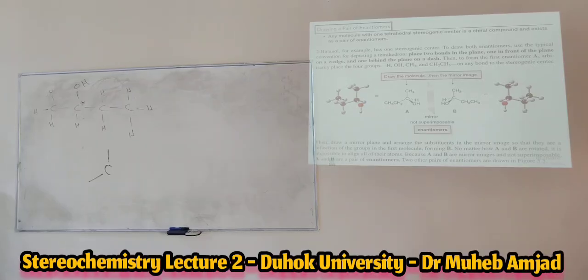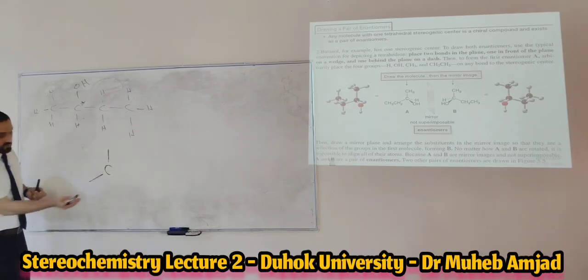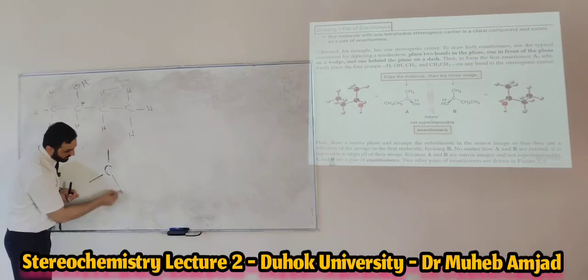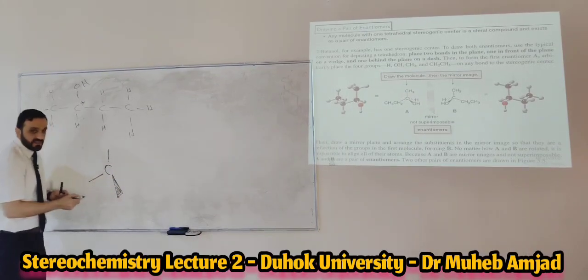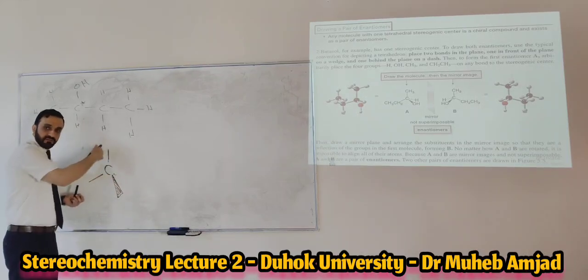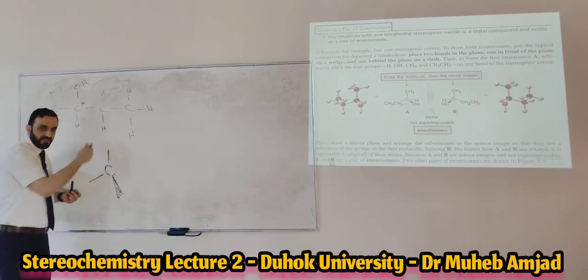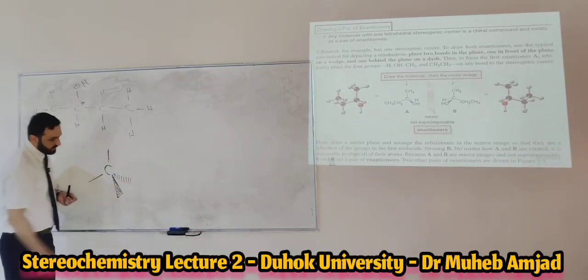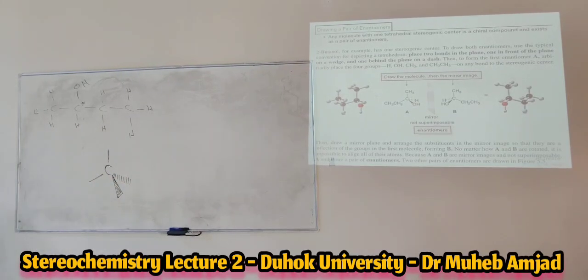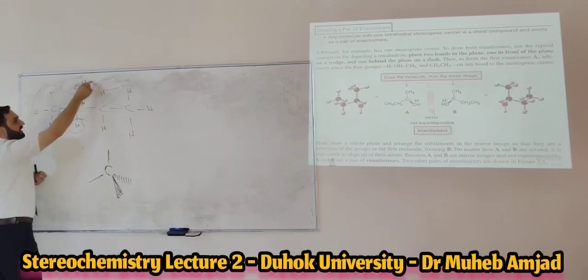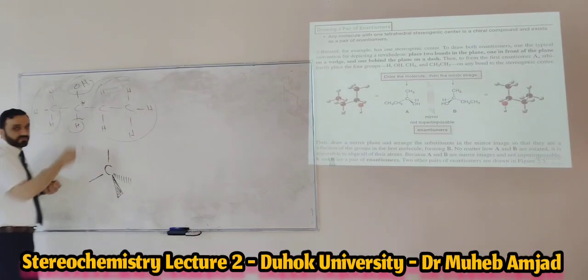And the third bond will be near you, which will be wedged. And the fourth one, sorry, will be behind the plane, far from you. It will be like that. So now, how many groups do we have? 1, 2, 3, 4.